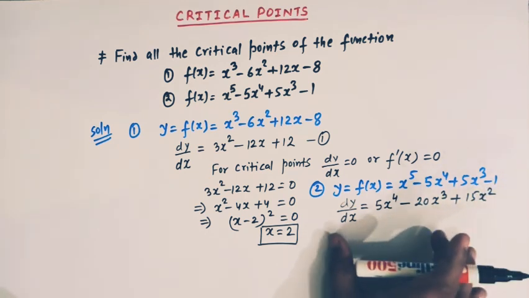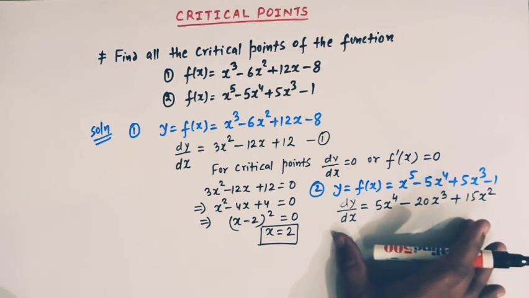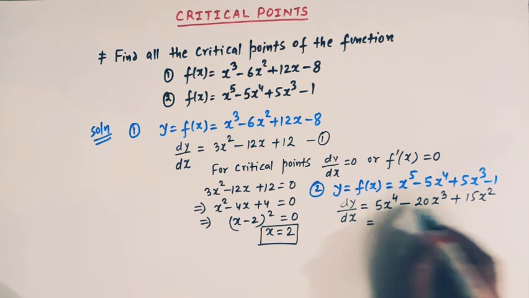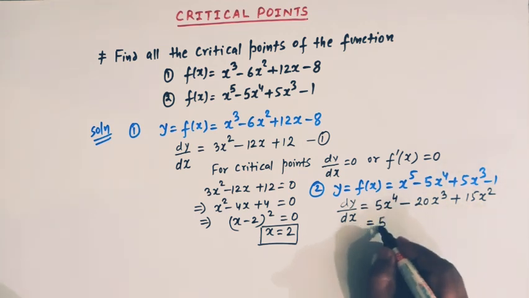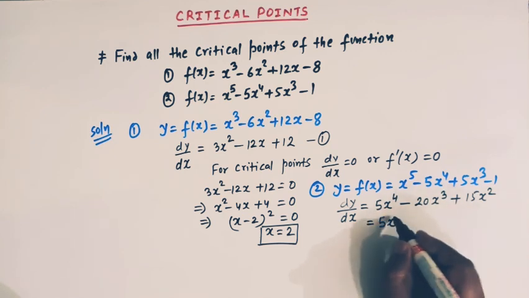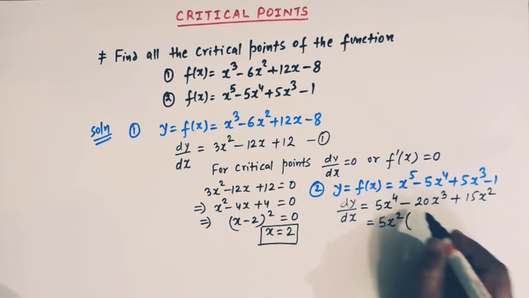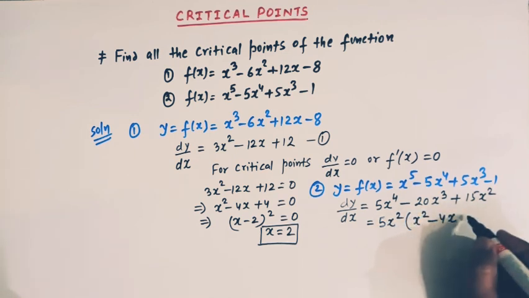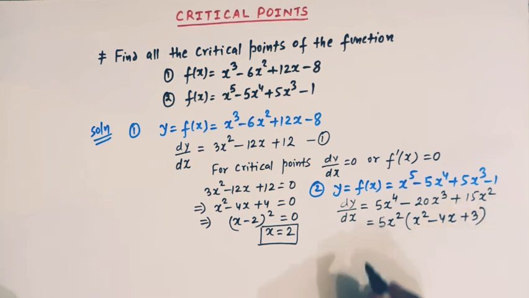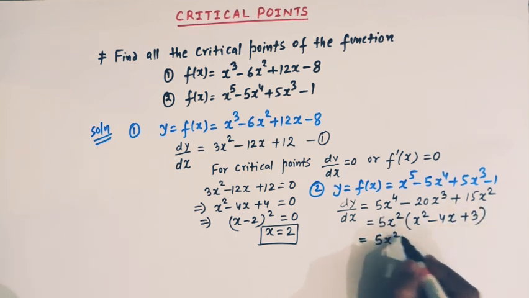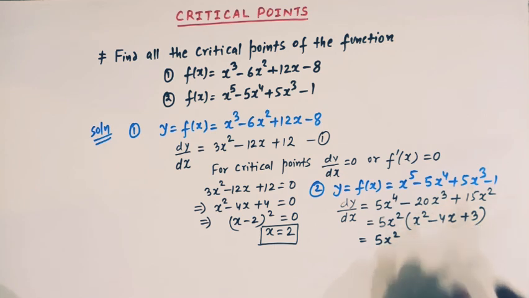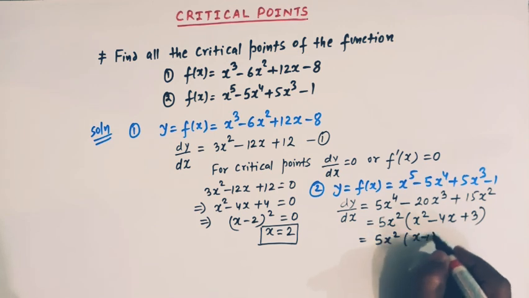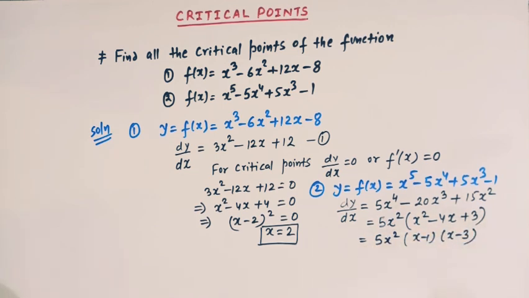Now we have this expression for the derivative, and we can further simplify it by taking 5x square as common. So we have here x square minus 4x plus 3, right? Now if we factorize this quadratic term, we simply get x minus 1 and x minus 3, right?